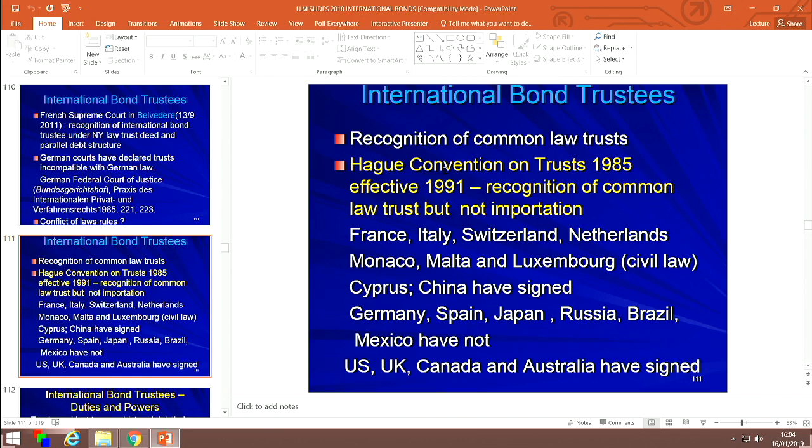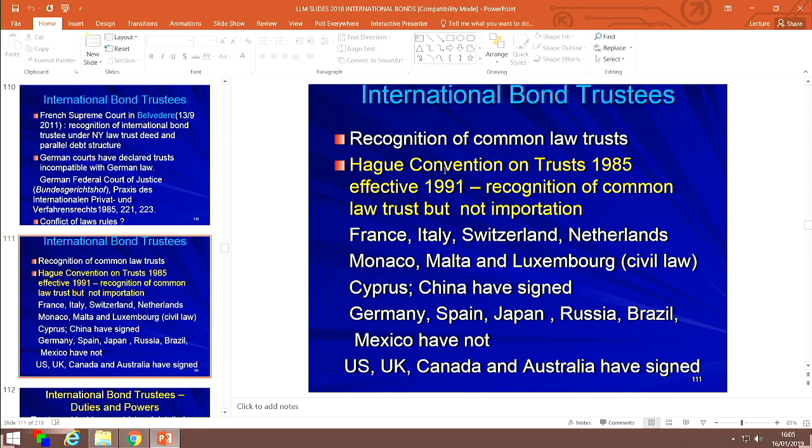And I think about 14 countries to date have signed it. The countries up there: France, Italy, Switzerland, Netherlands, Monaco, Malta, Luxembourg, and China, most importantly. But a lot of other countries who should be thinking about it have not signed up to it. Germany in particular, Spain, Japan, Russia, Brazil, Mexico, they haven't. Needless to say, all the common law countries have easily signed up to it. So the convention is there, and the more countries who sign, the more effective the process will be in terms of recognition.